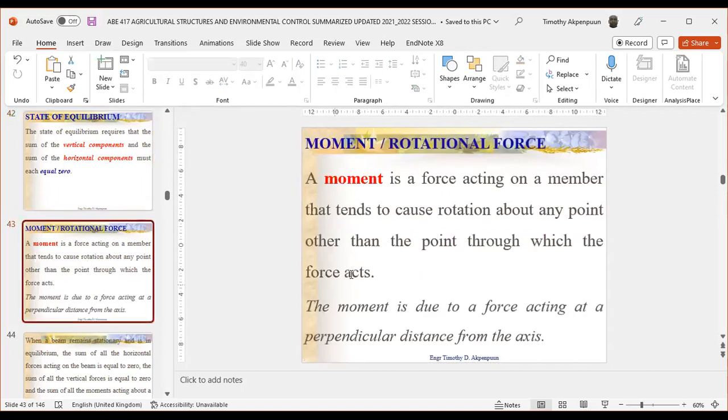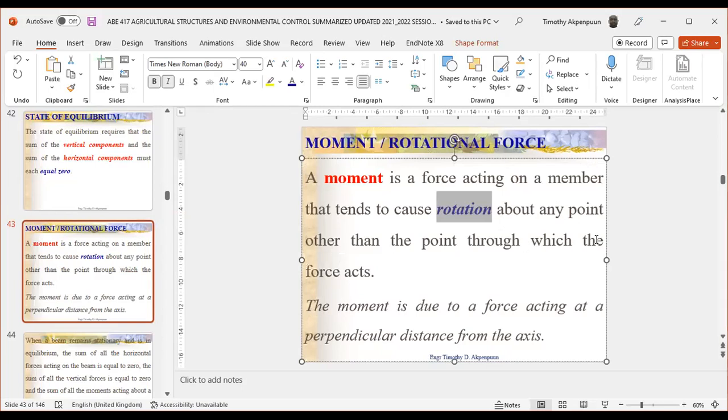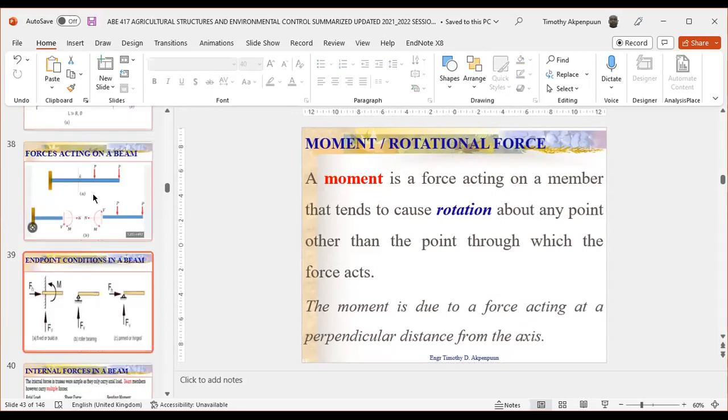Moment or rotational force. A moment is a force acting on a member that tends to cause rotation. Look at the word rotation. Rotation about any point other than the point through which the force acts. The moment is due to a force acting at a perpendicular distance from the axis. Let's come back to this.